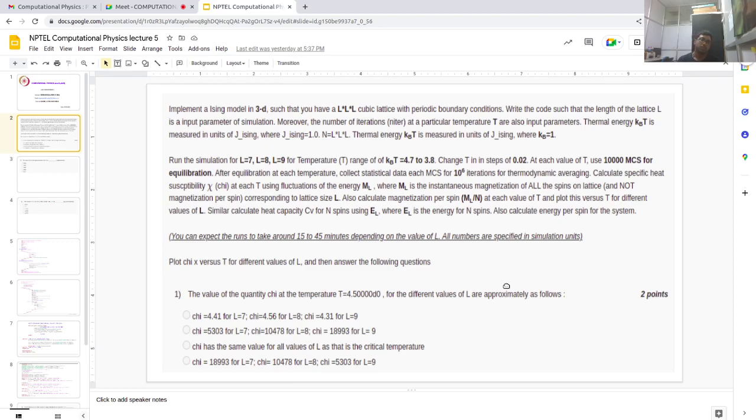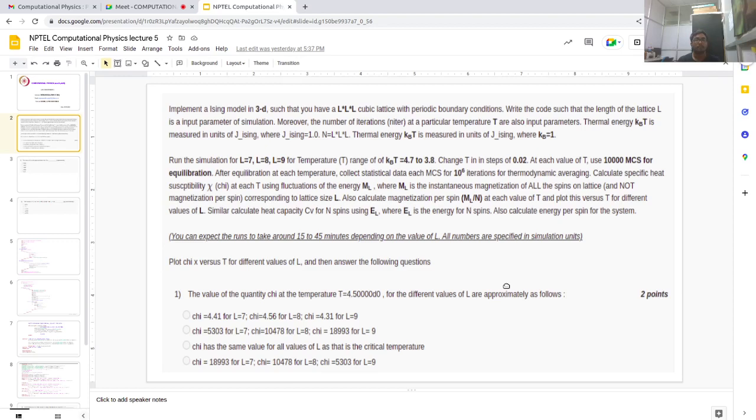So if we don't try to code, can you tell me which one of the options can be the correct answer for this, by some intuition? Soumitra?